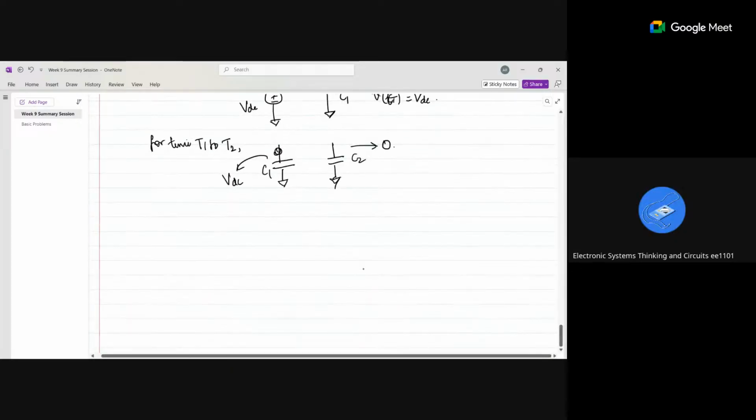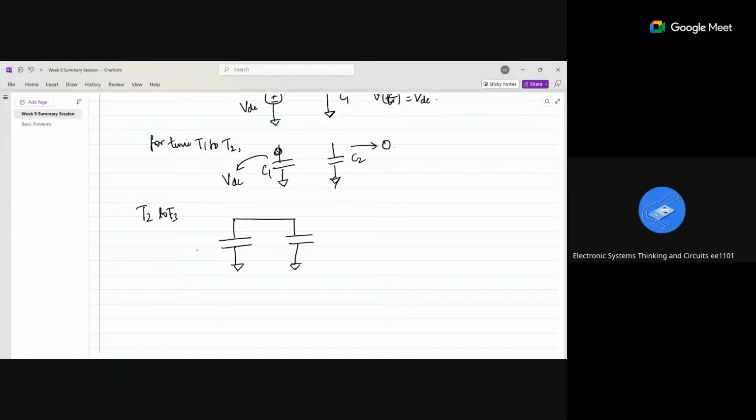Now, from time T2 to T3, switch S1 is open and switch S2 is closed, right? Voltage across capacitor C1 at time T2 is VDC, whereas voltage across capacitor C2 at time T2 is equal to 0. That is the initial condition.